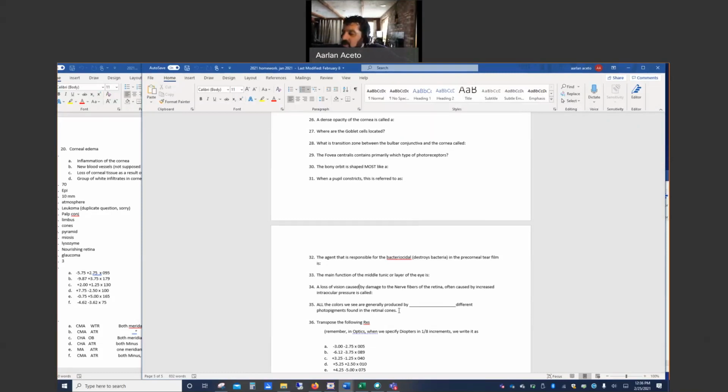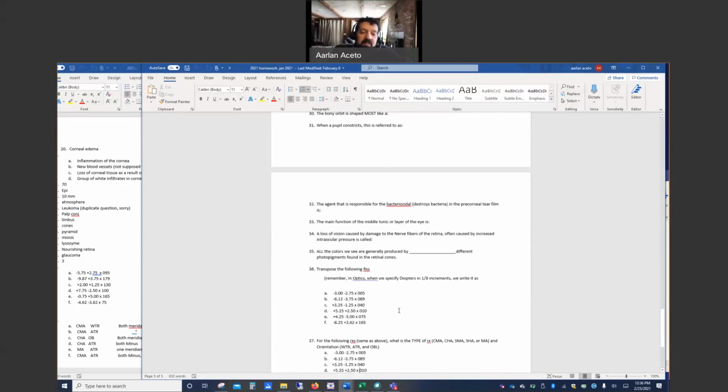There is one small genetic variation, exceptionally rare, where somebody may have a 4th photoreceptor. It's the exception rather than the rule. The rule is most of the colors we see are generally produced by 3 different photoreceptors. Transposing. Guys, this is basic stuff from your other class as well.